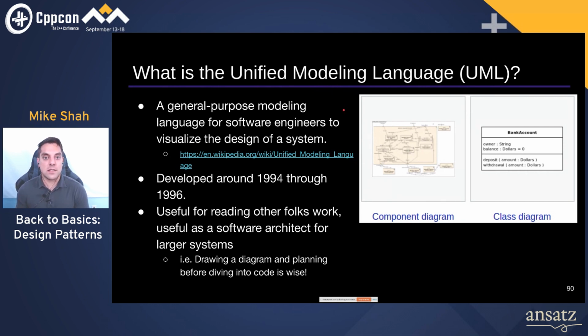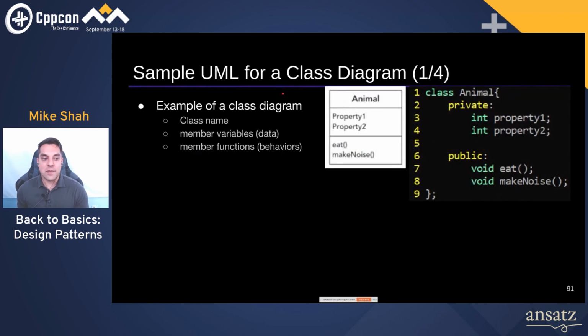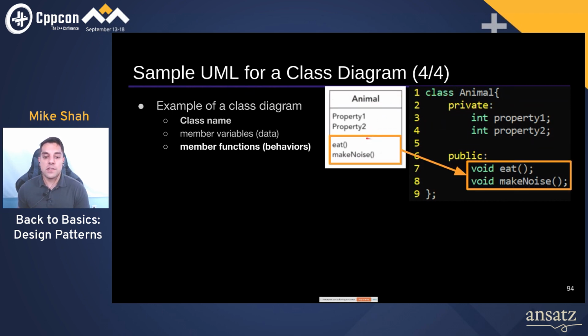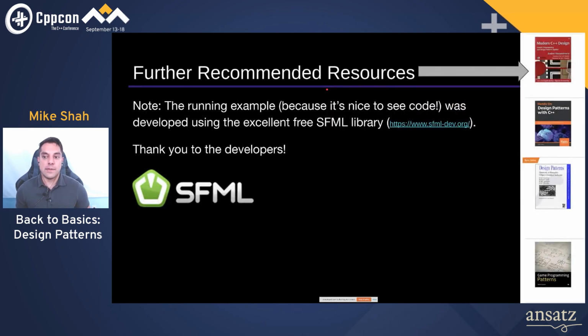So you'll see these a lot in the Gang of Four book. They can be useful to look at. The very basic example is you'll see a diagram like this that has the class name, the member variables, member functions, and then we'll draw arrows to show if this class is derived or inherited from another class and so on. Okay, so just a quick run through of UML there, just so you're aware of it.